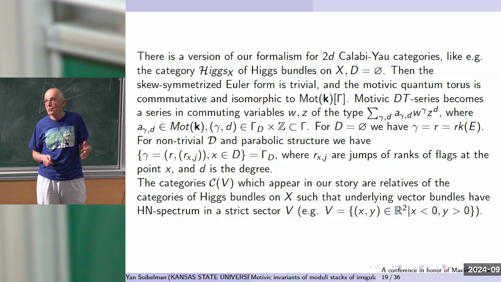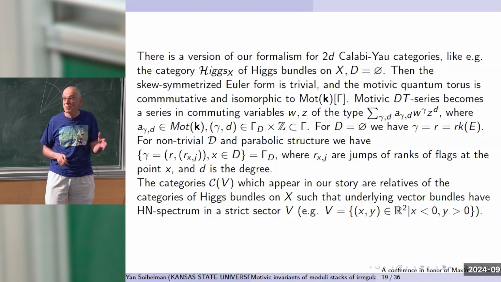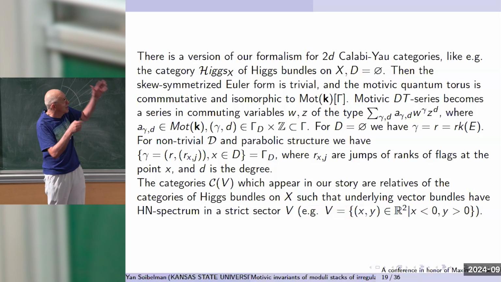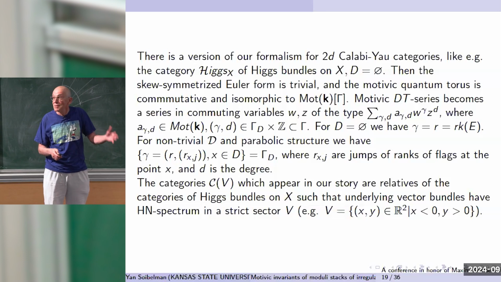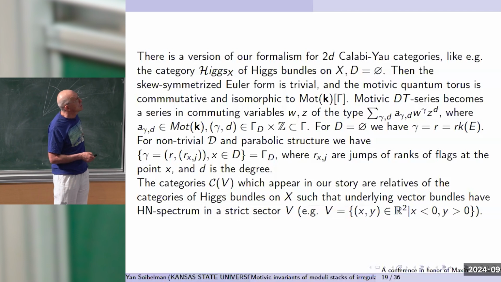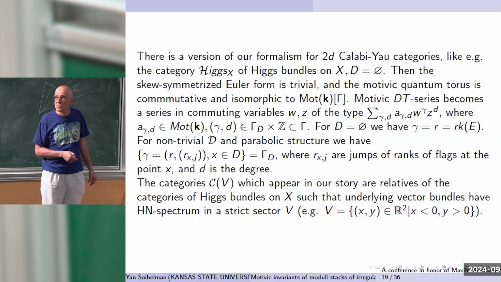For cohomological Hall algebra, there is a dimensional reduction from 3 to 2, which basically means that you take your Calabi-Yau surface, like the cotangent bundle, and multiply by a line. This is your 3 Calabi-Yau. But for Motivic, I don't do this. So I'm just saying that I can repeat whatever we did for 3, I can do for 2. And we wrote some paper with my graduate student.